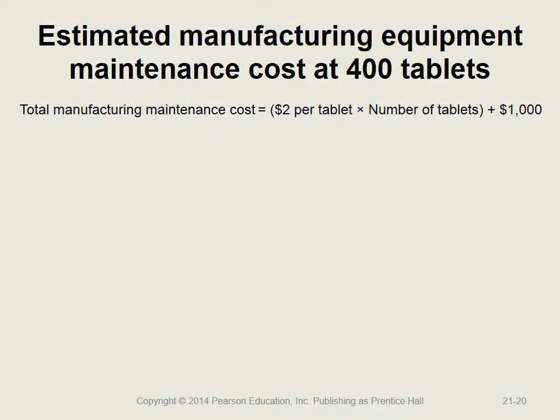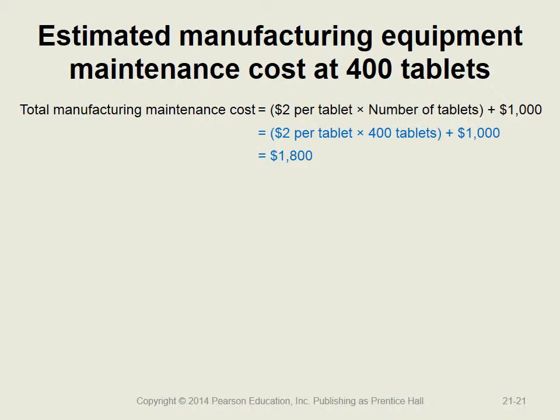We can then use this formula to predict the manufacturing equipment maintenance cost if 400 tablets are produced. When the volume activity is 400 tablets, we would expect the maintenance costs to be $1,800.